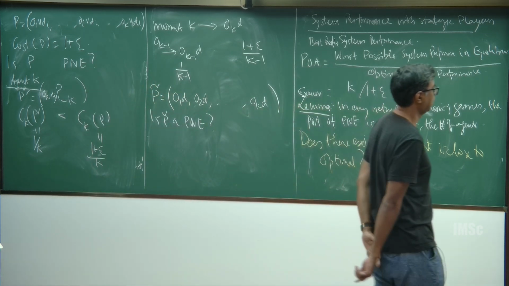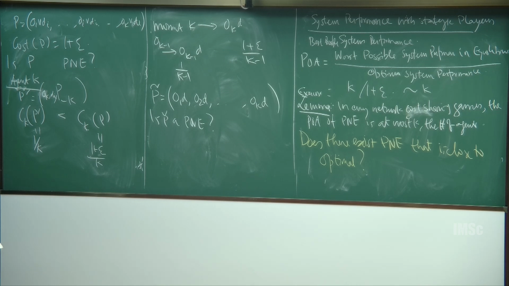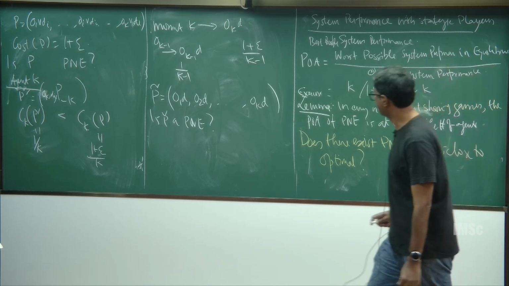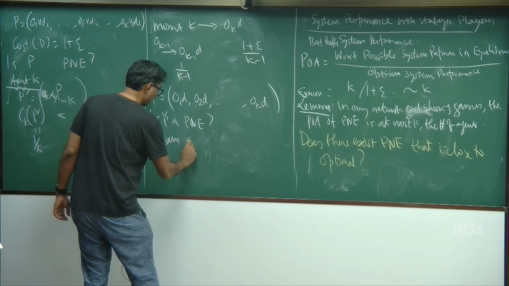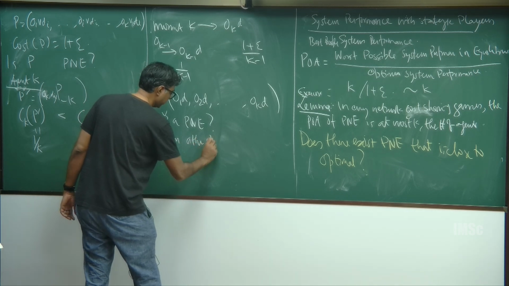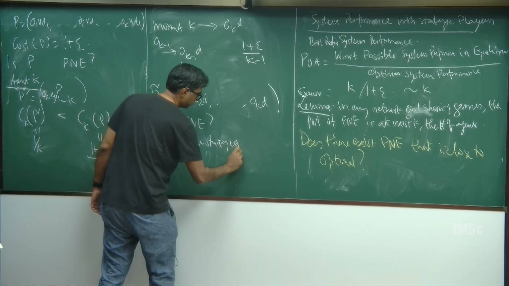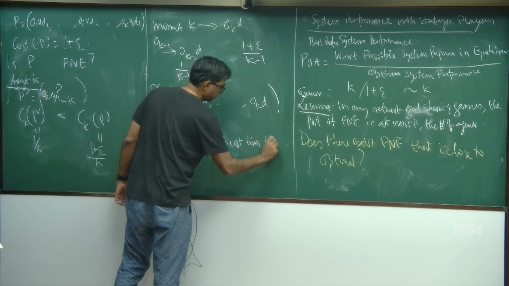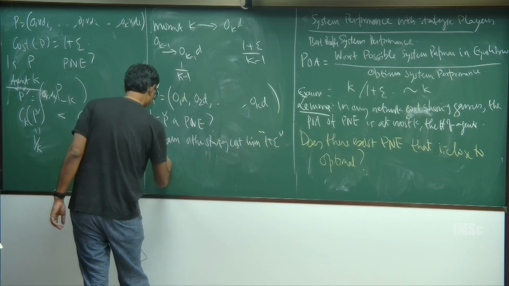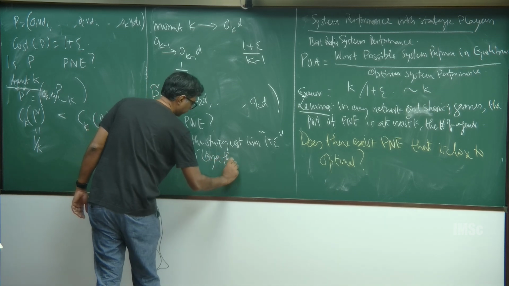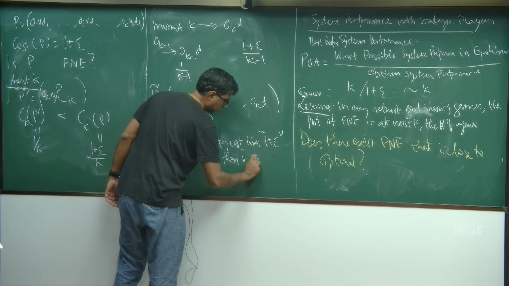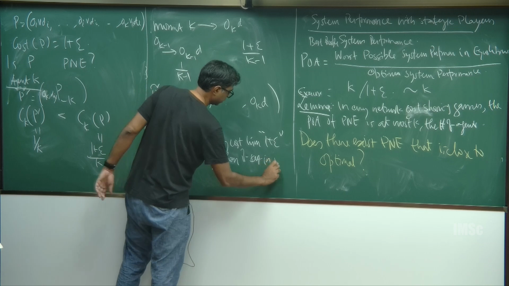It is, right, because if he moves to the other path, he pays 1 plus epsilon. So, this is because the other strategy costs him 1 plus epsilon, which is larger than its cost in P tilde.